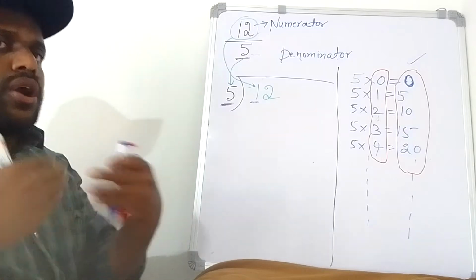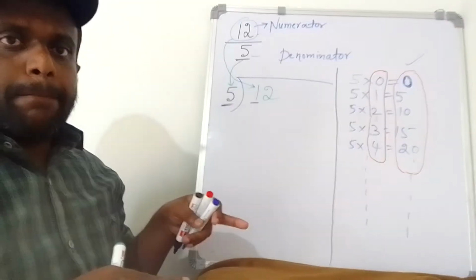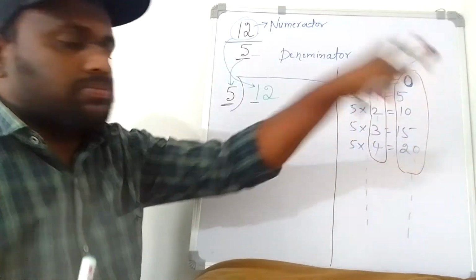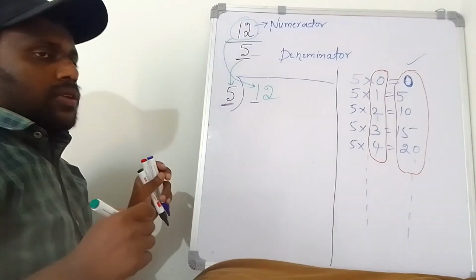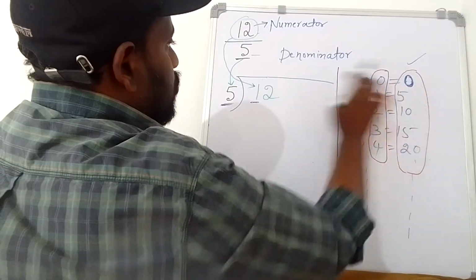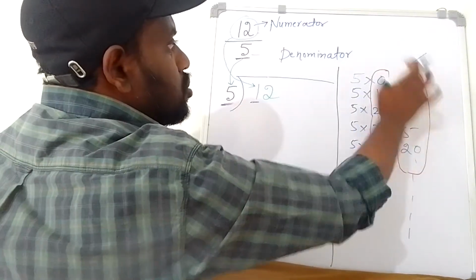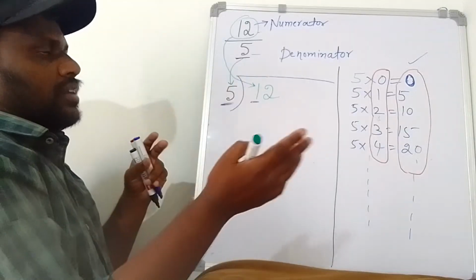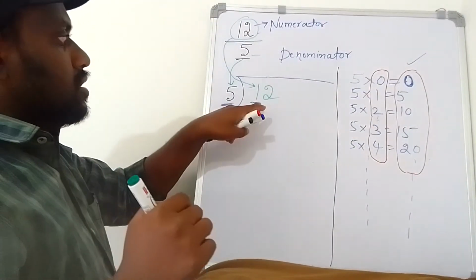So next, you check for another number in this column which is less than 1. Here 0 is less than 1. If you take 5, it is greater than 1, and this 0 is less than 1. So first check whether the digit 1 is there.